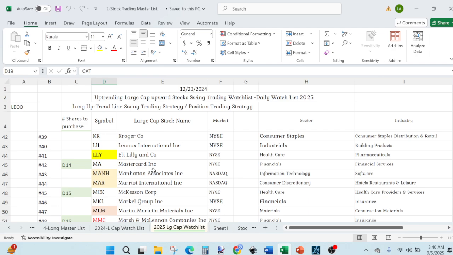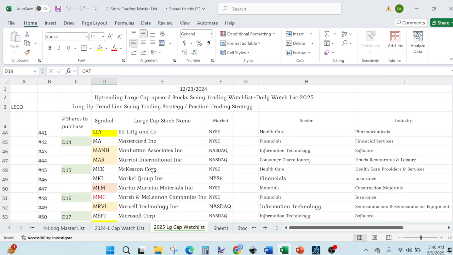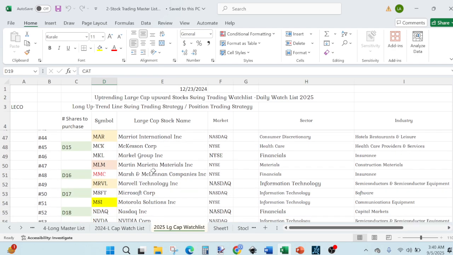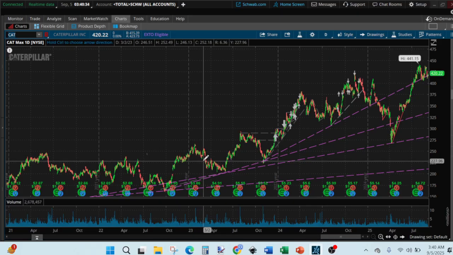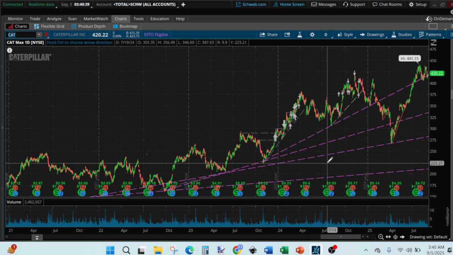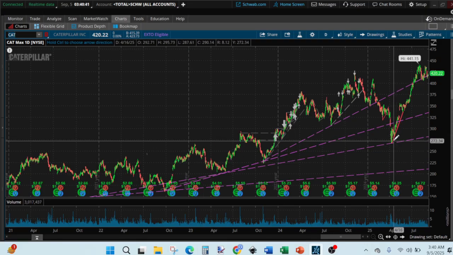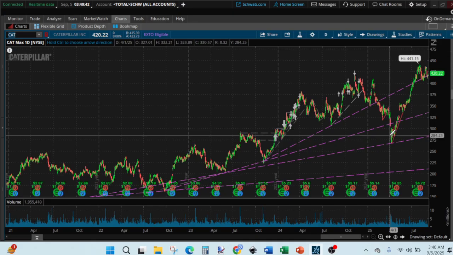So if you have a job and you do not have time, the long option and swing trading strategy might work for you, because those large cap stocks don't fluctuate too quickly. Therefore, if you don't have time to get to it, when you get to it, it may not be too far gone in whatever position you are targeting, if that makes sense.